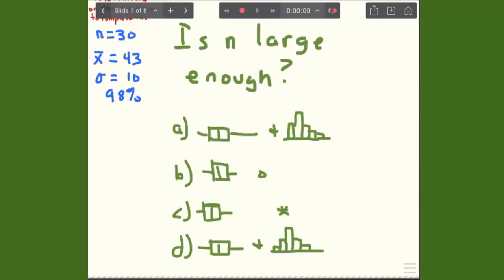It looks like there is some skew, but there aren't any outliers or extreme values. And so 30 is large enough. In B, the answer is no, 30 isn't large enough because there's an outlier. And the answer on C would be no. There's an extreme value there. So you have to have at least 100. 30 is not at least 100.